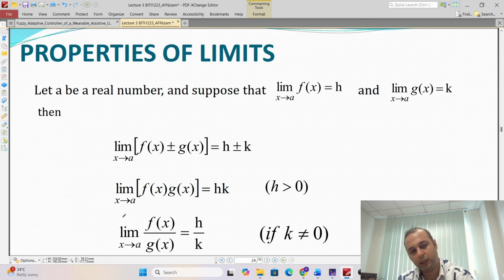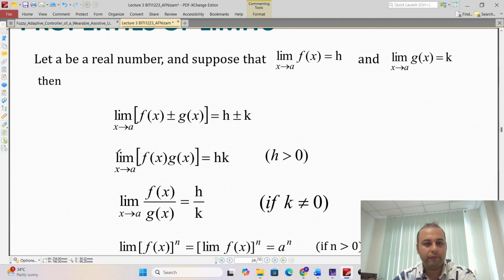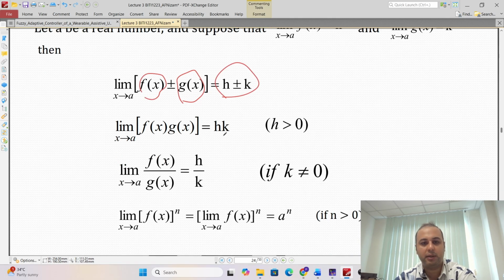properties of limits. Let a be a real number, and suppose that the limit of f(x) as x approaches a is equal to L, and for g it is equal to K. Then we can separately find the limits of f(x) and g(x), and add and subtract them.